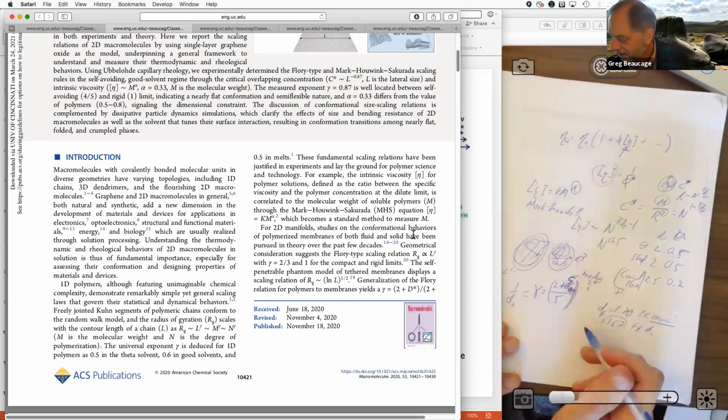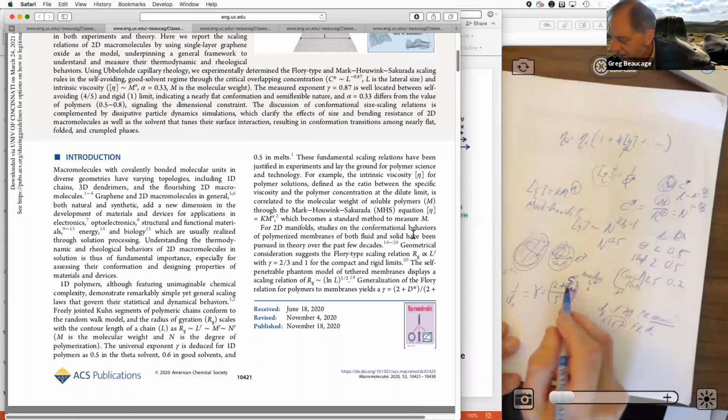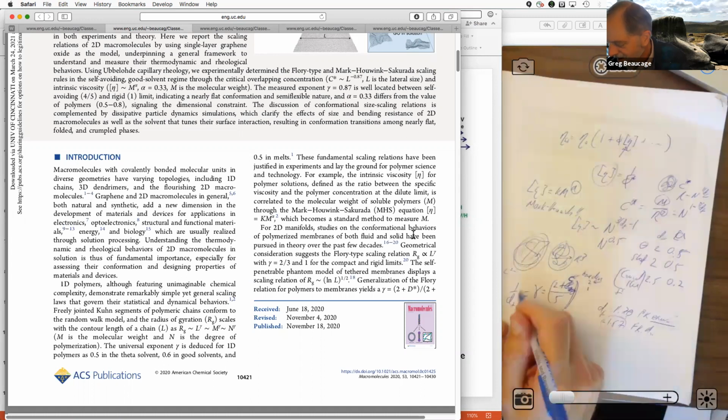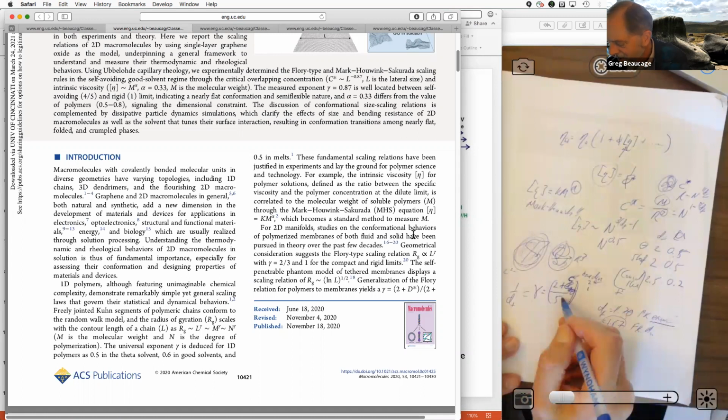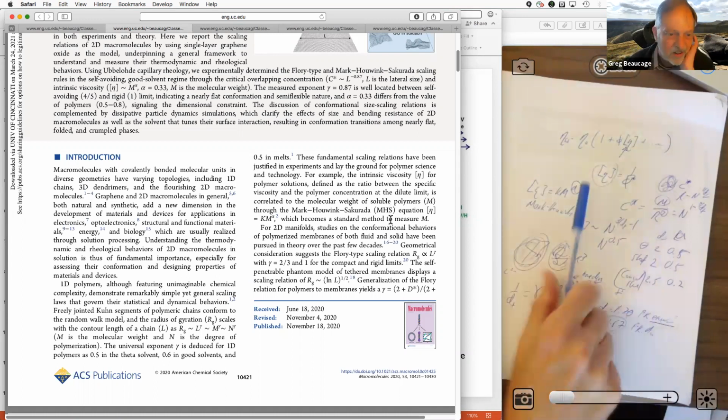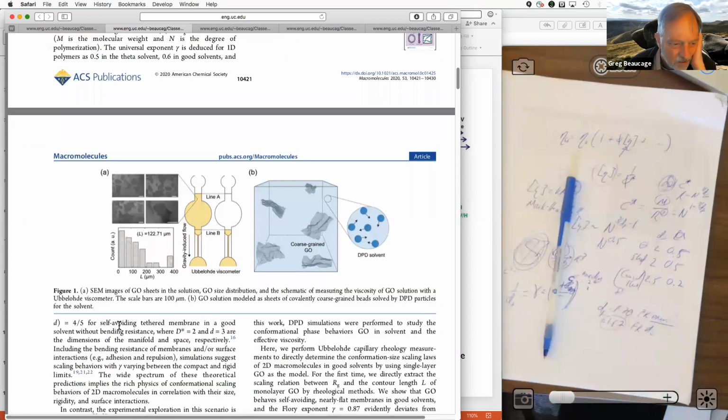And then gamma is 4/5, and df is 5/4. Let's see, is that right? 2/5, 1.67. 2 plus c, d star is 2, right? Self-avoiding tethered membrane, 4/5, yeah.